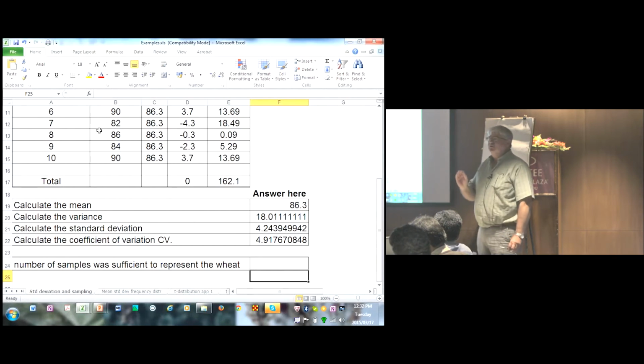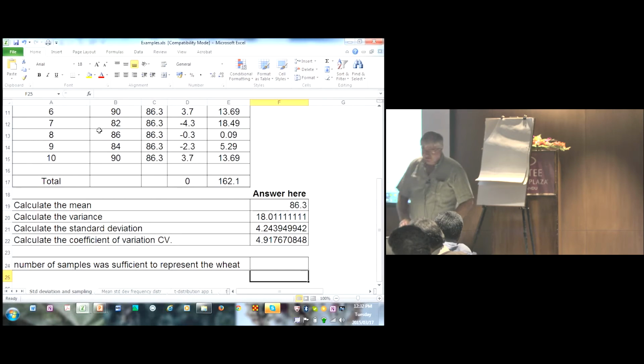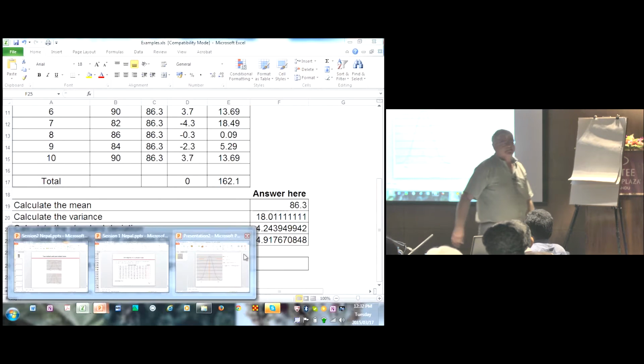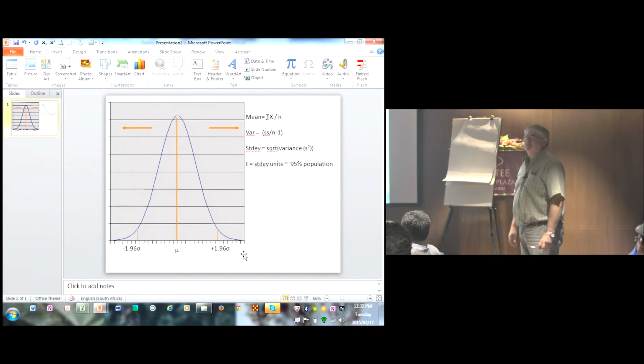But what I want you to understand is not so much the calculations, but what these things mean. And that takes us back to essentially the graph I had there. I just want to make sure that you understand that. Is that easy enough? Straightforward enough?